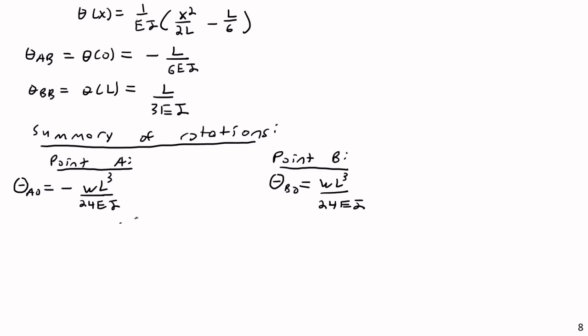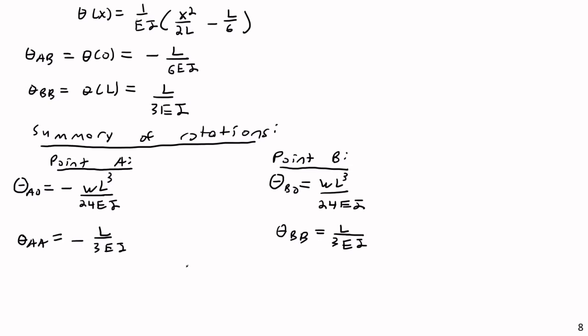Then the rotations, again using lowercase theta, from our virtual loads. Theta AA came to negative L over 3EI, and theta BB came to positive L over 3EI.